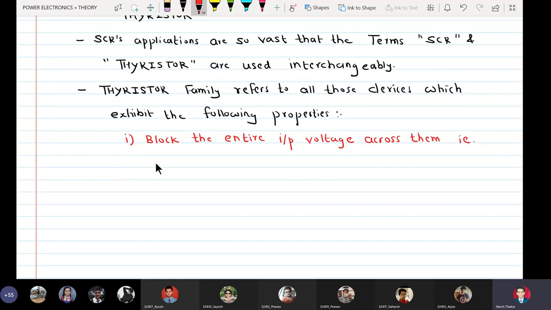When we say across them, that is between their terminals, when in off state. Okay, so the first property which any device belonging to thyristor family must exhibit is that device must block the entire input voltage across itself, that is between its terminals, when it is in off state.